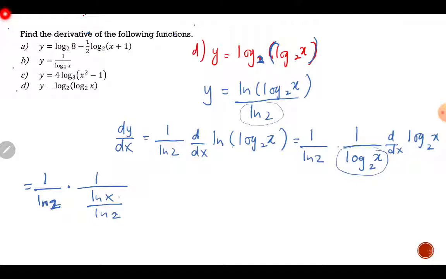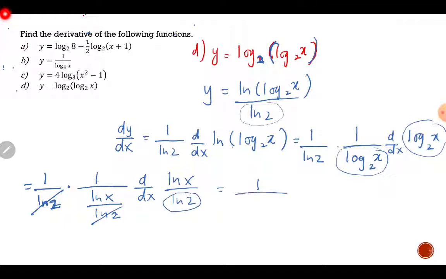Then you see, this one and this one you boleh cancel. Halal untuk you cancelkan. And here, d dx of, yang ni nak differentiate, saya nak tukar. So, saya akan jadi ln x over ln 2. Okay. And again here, ln 2 ini is only a constant. So, you may bring that ln 2 out. So, we have ln 2. And ln x remain dekat luar.